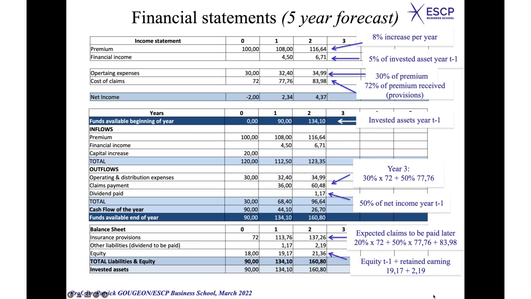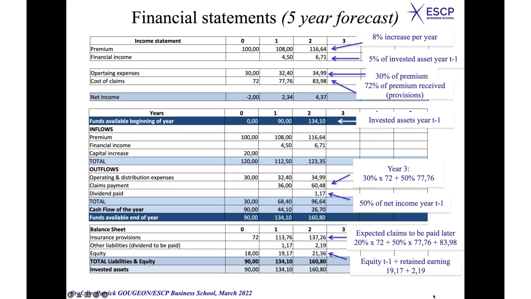Now, what is the equity? The equity is just the equity of the year before, 19.17, plus 219. Why? Because 219 is what needs to be added, which is the net income which was not distributed and which needs to be added to the equity.